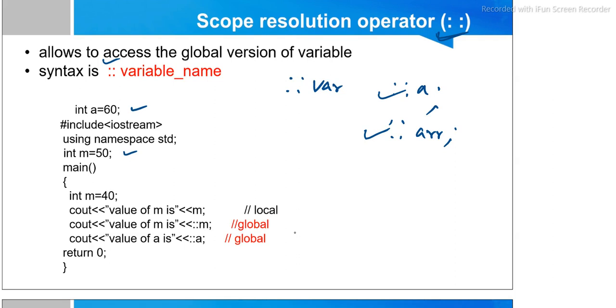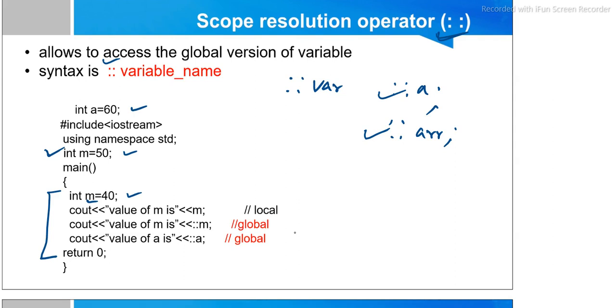In the main program, the m variable we have taken is 40. Notice that m equal to 50 is declared globally, and m equal to 40 is declared locally. This m value is local to the main function only, but the global m value can be accessed by any other function outside as well.